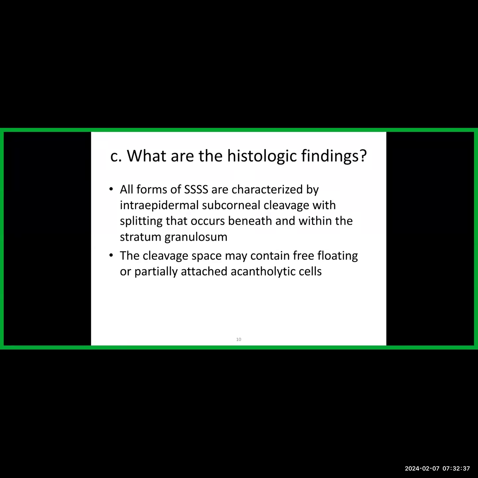Let me go to the chat box. Eunice is saying, I joined late. Is the patient of pediatric age group? Did you mention the age, Dr. Shamsuddin? Yes, I did.